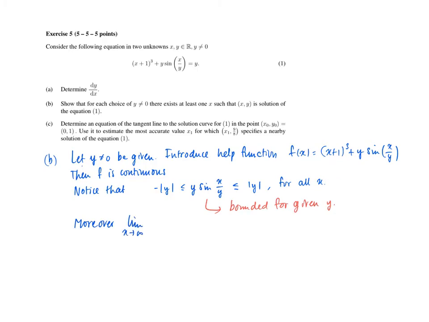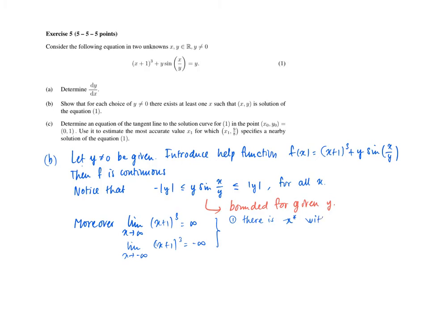In particular, we know that the limit for x going to infinity of (x plus 1) to the power 3 is infinite. And the limit for x going to minus infinity of (x plus 1) to the power 3 is minus infinity. So we see that f takes on arbitrarily large values as well as arbitrarily low values.